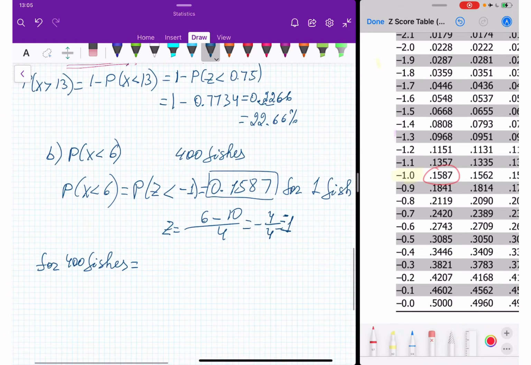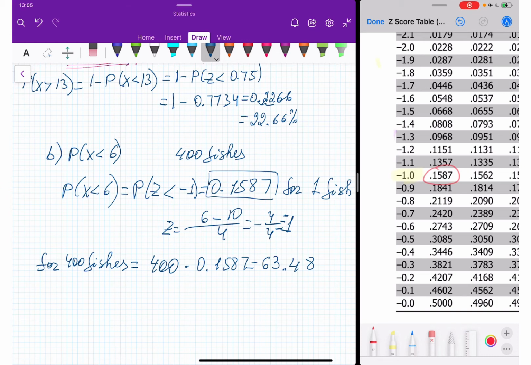which means for 400 fishes, the count is going to be 400 times 0.1587. That is equal to 63.48, which means we expect approximately 63.